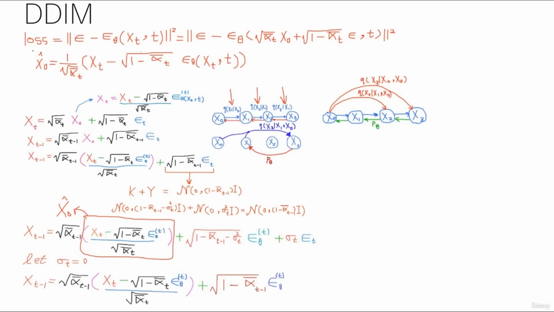Previously we said that our loss function is just the difference between the target noise, the actual noise that we added to our clear image, and the predicted noise that we will get from our U network after passing the xt variable and the current time step.